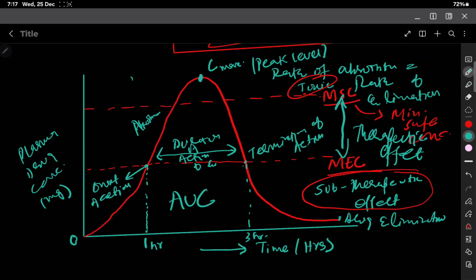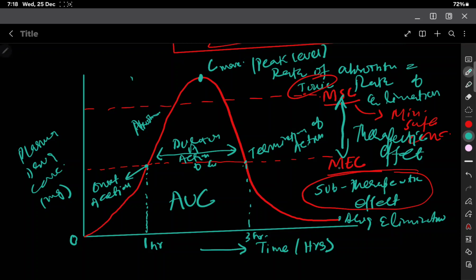And if the concentration of the drug is very low in the body, for example, if paracetamol shows its effect at 100 mg, okay, if you are giving 20 mg or 70 mg of paracetamol, for example, it will not show any effect. So that will be called the subtherapeutic dose. So the subtherapeutic dose, for example, for paracetamol is 20 mg. For example, it starts showing effect at 30 mg.